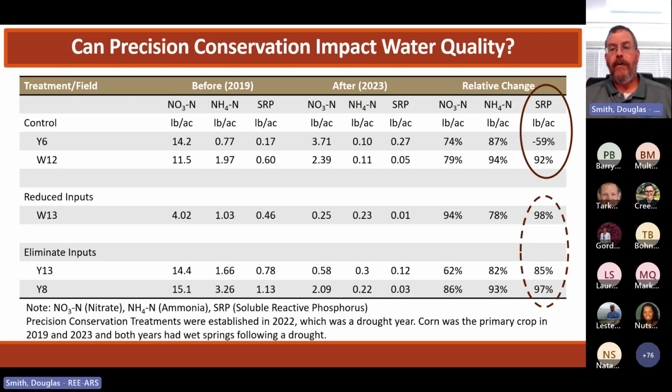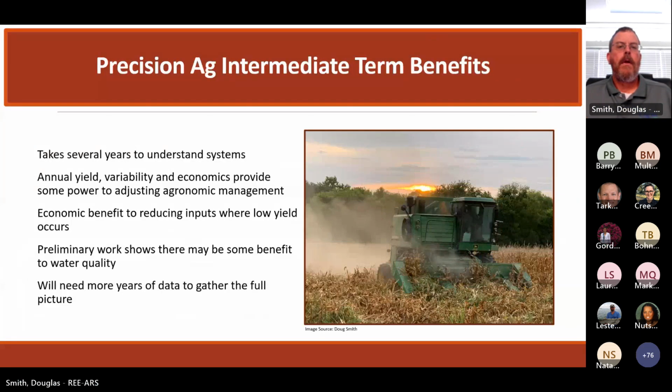So we can't say anything definitive yet, but it is interesting to at least note that the amount of variability in the phosphorus loss where we've reduced or eliminated inputs, it's much more stable than the control fields. So some kind of intermediate benefits to this.